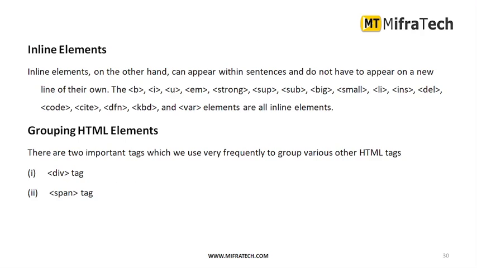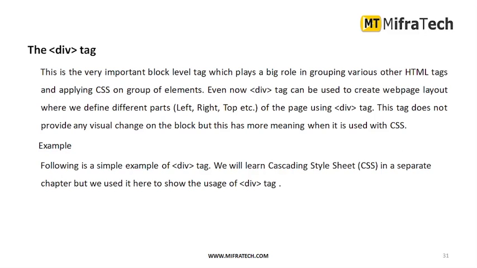Grouping HTML elements. There are two important tags which we use very frequently to group various other HTML tags: the div and span tags. The div tag is a very important block level tag which plays a big role in grouping other HTML tags and applying CSS on a group of elements.